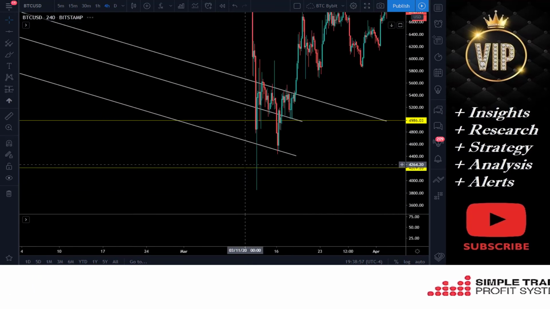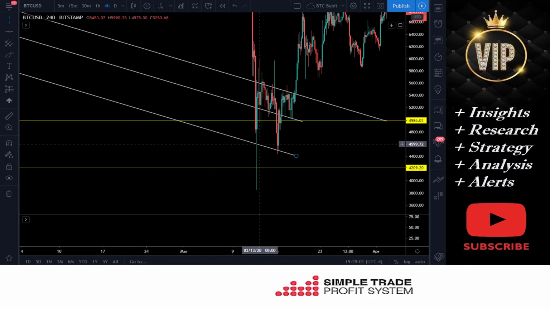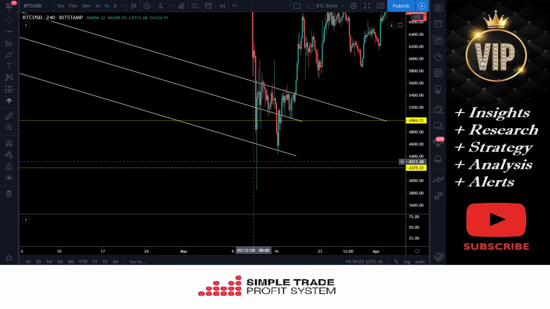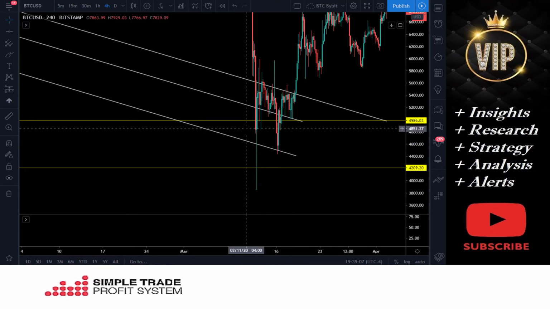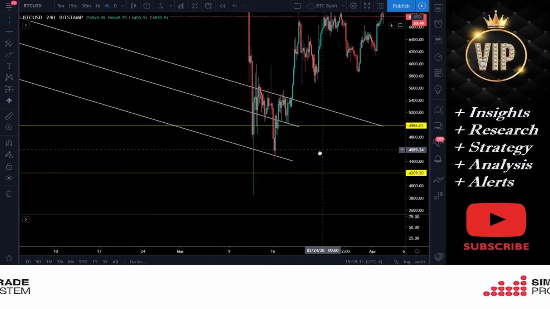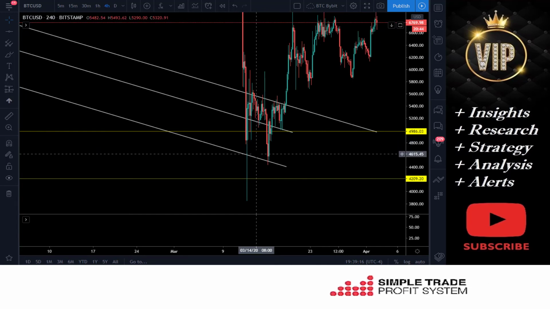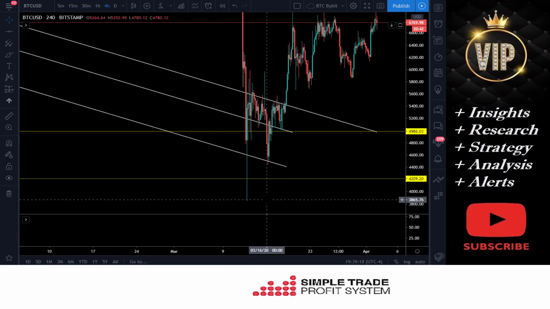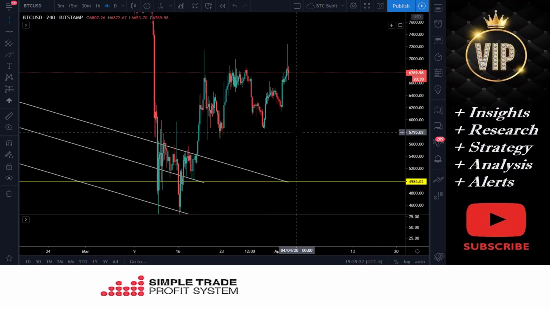So now we have support, we have our trend line, and we have a candle with a massive wick on it. 3 indications that a bounce off this trend, a bounce off this support could likely happen. And it went from all the way down in the 4,500 range, or you could even say the low at 3,800, and we're still moving up from that.